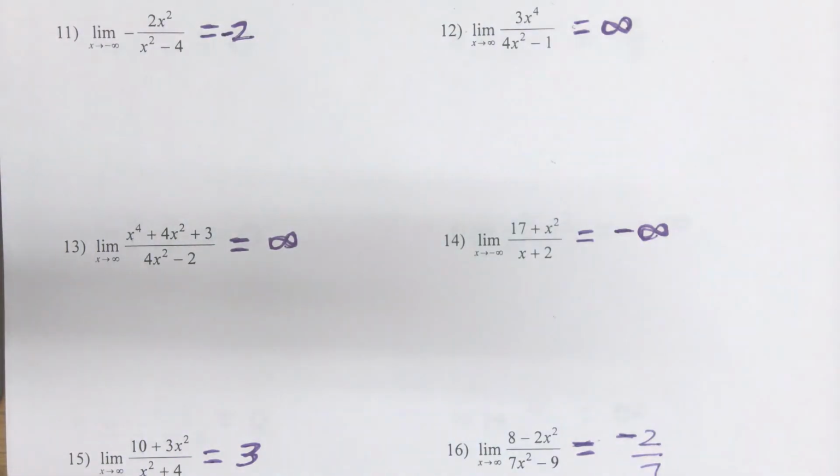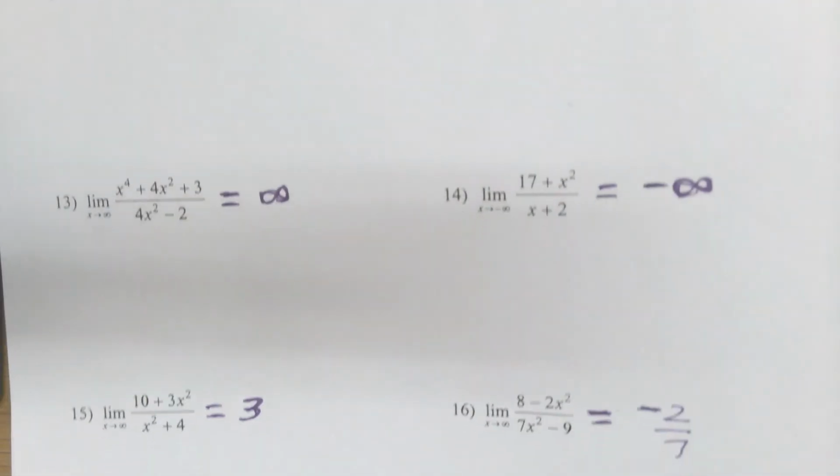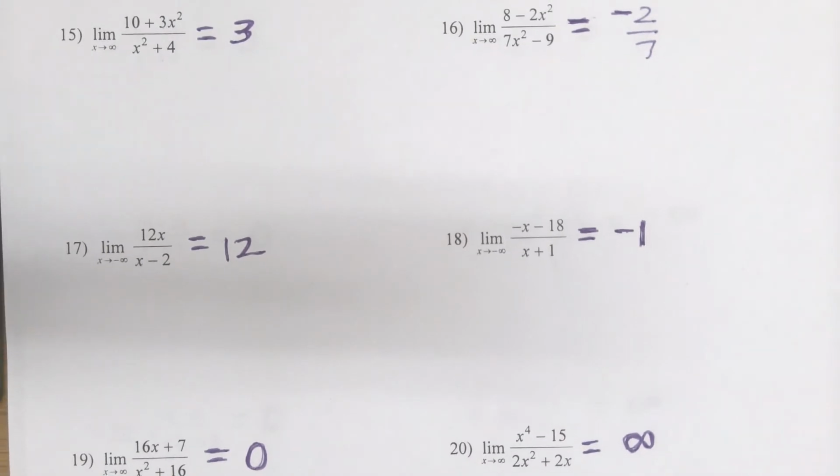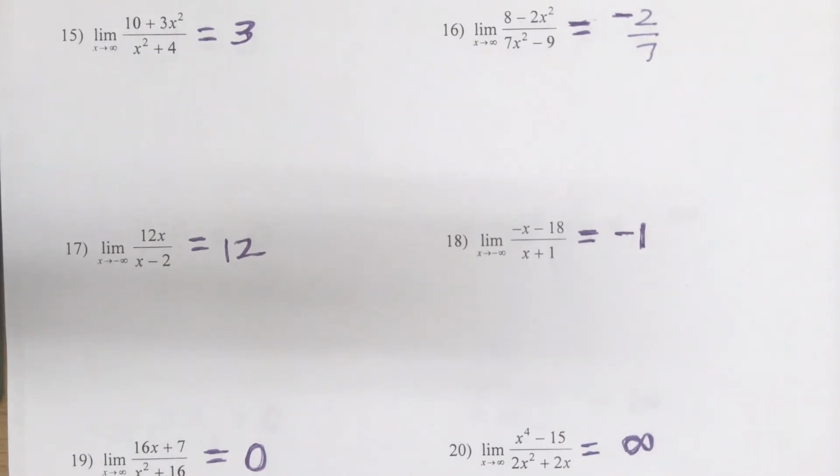Please change that to negative 2. 11 is negative 2. 12 is, like I said, infinity. 13 infinity. 14 negative infinity. 15 is 3. 16 negative 2/7. 17 is 12. 18 is negative 1.